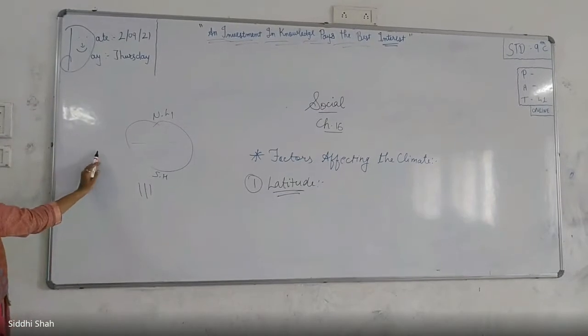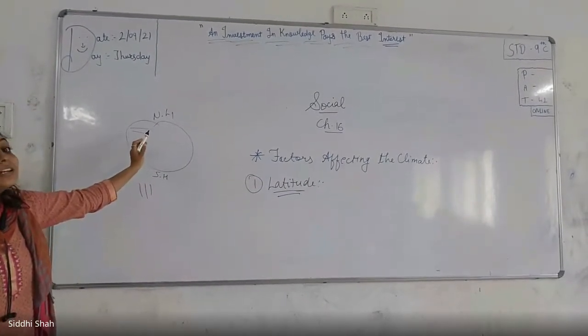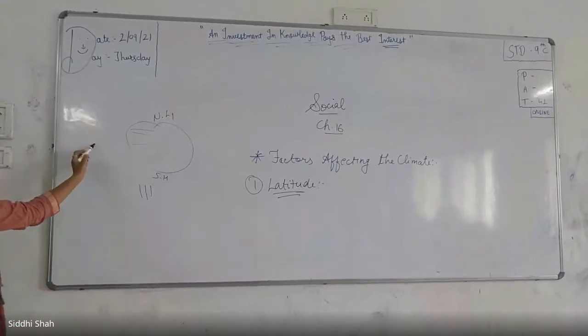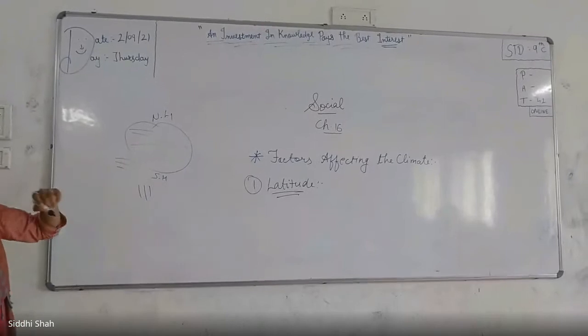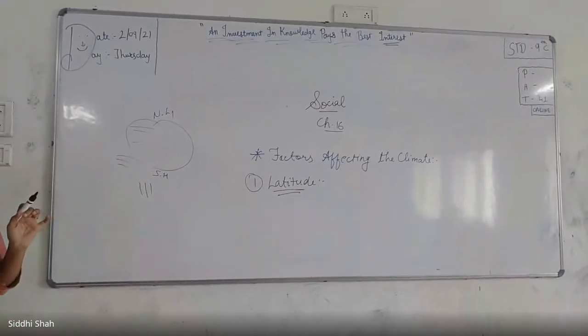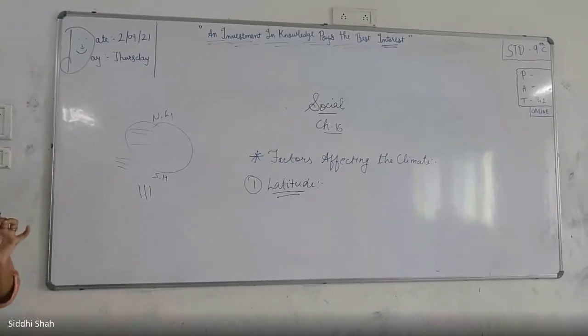Yesterday only we studied that when sun rays are directly falling on Tropic of Capricorn, then in the southern hemisphere there will be summer. Directly falling means there will be summer.